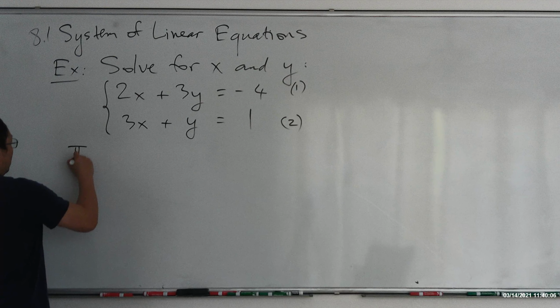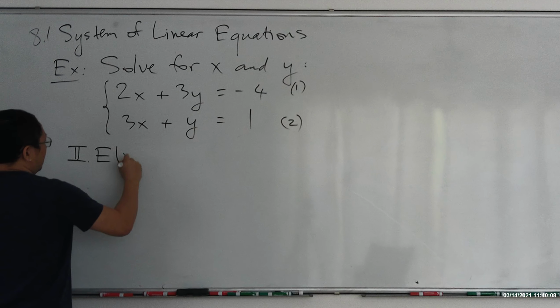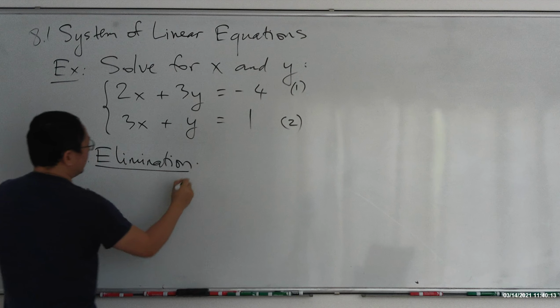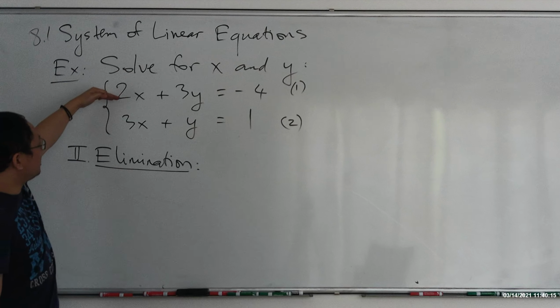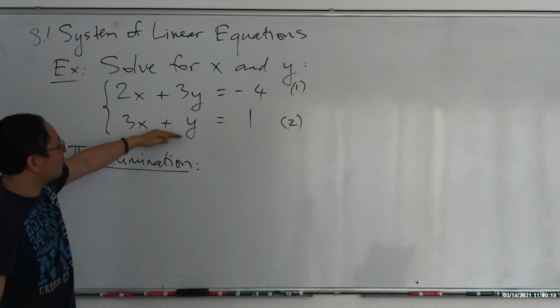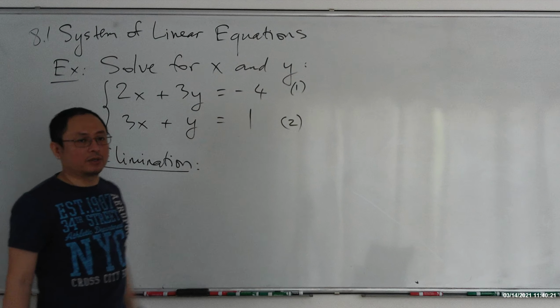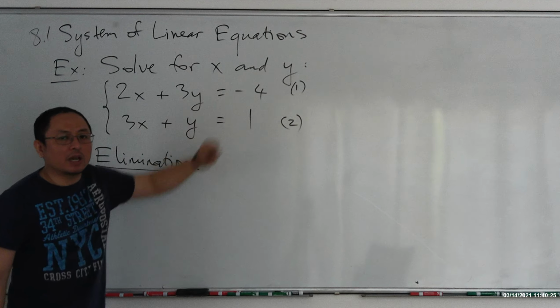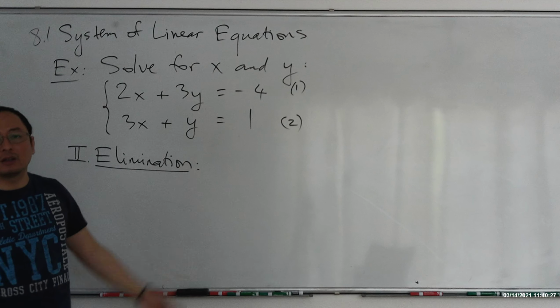Method number 2, elimination. Okay? You see the way we organize the equations: x terms align with x terms, y terms align with y terms, and the equal sign and numbers, right? What if I want to add the two equations together term by term? You're going to have another equation.